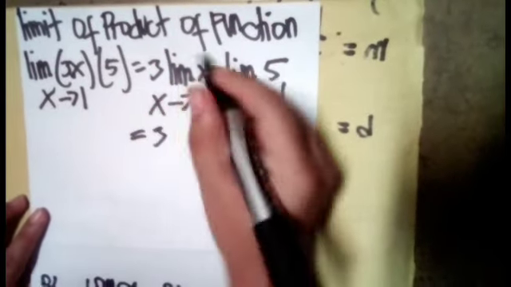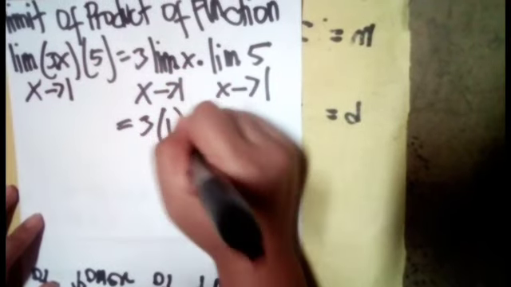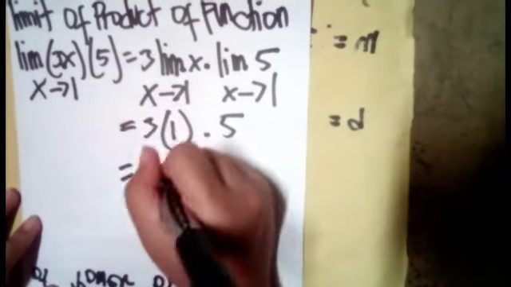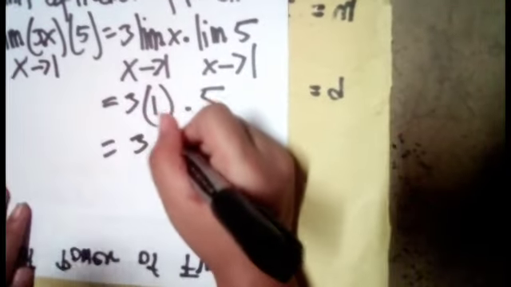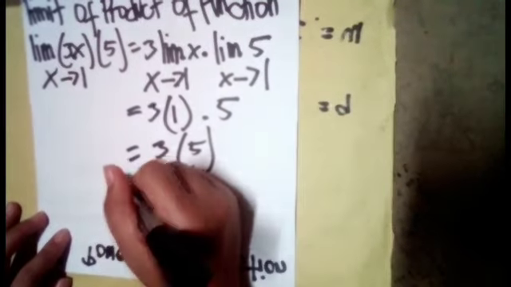Copy the 3, and the value of x is 1, so substitute. Copy the 5. 3 times 1 equals 3. Copy the 5. And the answer is 3 times 5 equals 15, and that's the final answer.